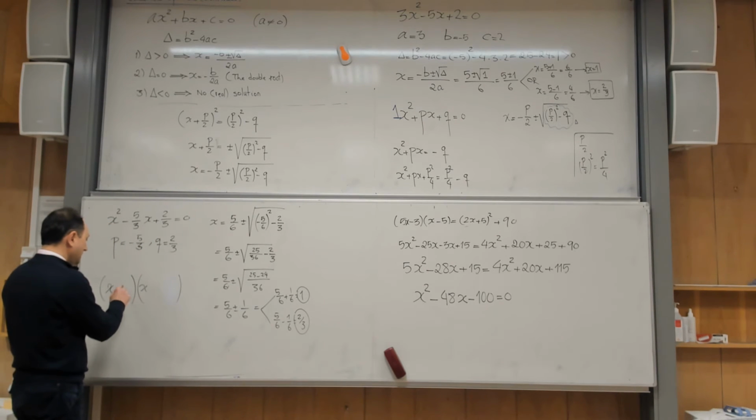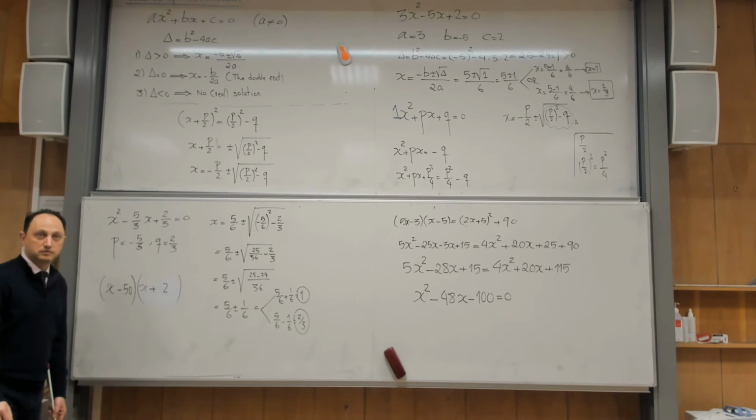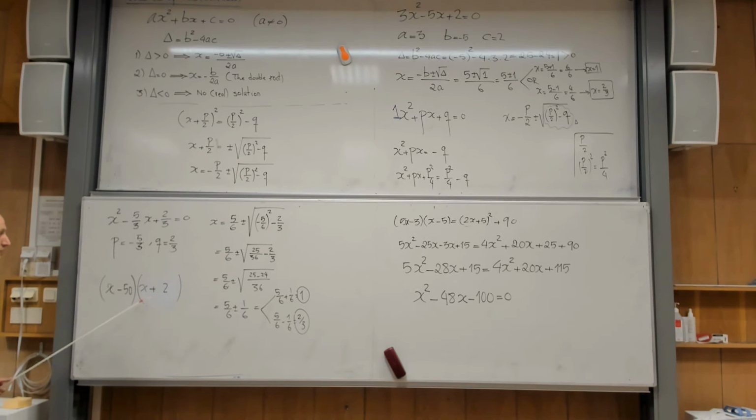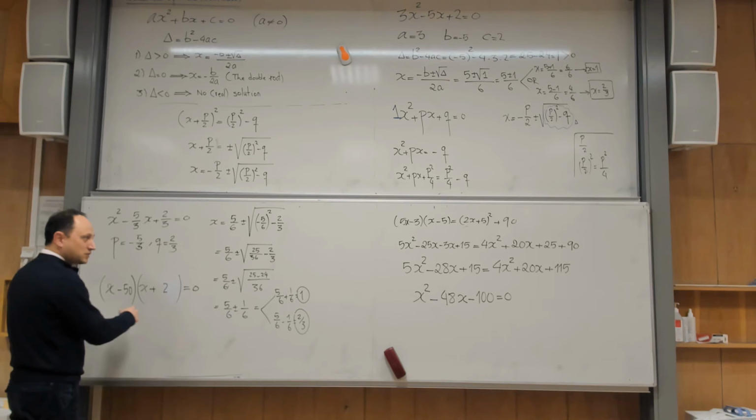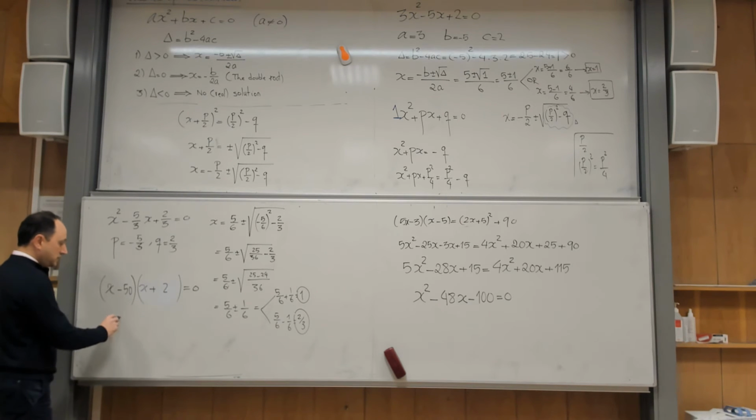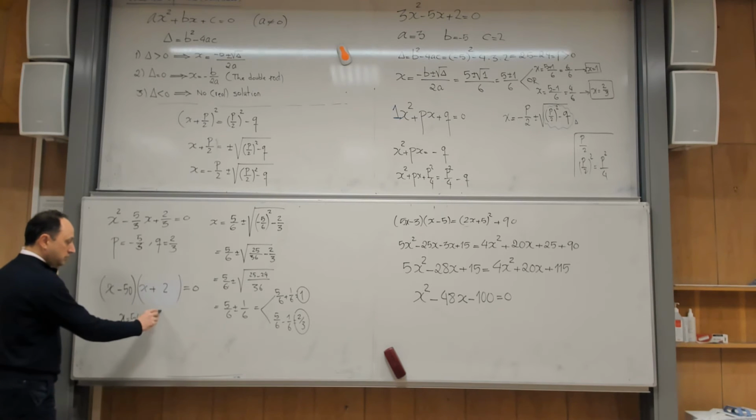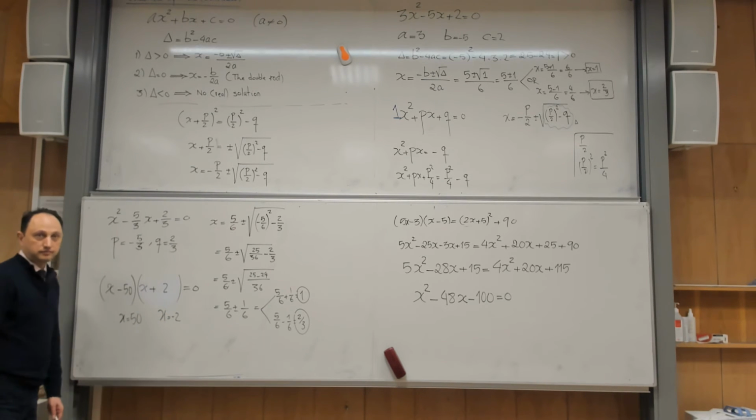It's not hard to see that one of them is minus 50, the other one is positive 2. Because the sum is minus 48 and the product is minus 100. And I am done. So this is the fastest way to solve this equation, because the answers are immediately positive 50, the other answer is negative 2.